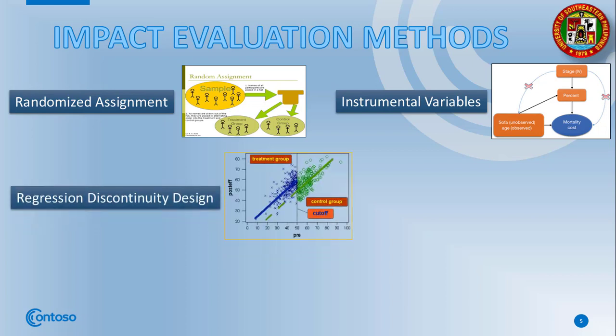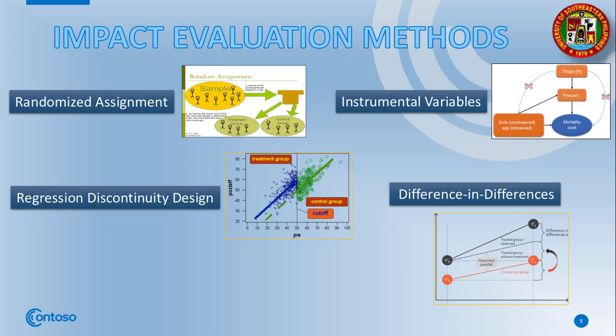Third, regression discontinuity design, or RDD, is an impact evaluation method that is adequate for programs that use a continuous index to rank potential participants and that have a cutoff point along the index that determines whether or not potential participants are eligible to receive the program.